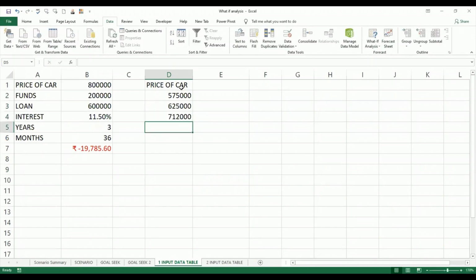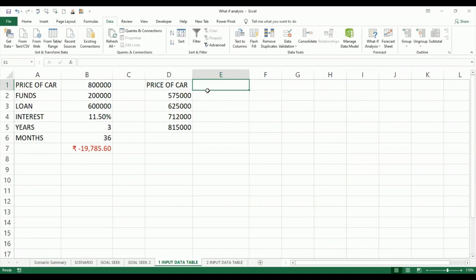I've got these 2-3 types of cars which are there in the market. And I want all the EMIs to get calculated automatically for all these cars also. That means tomorrow, if I suppose I want to buy this car, I should know the EMI. I want to buy this car, I should know the EMI I have to pay.